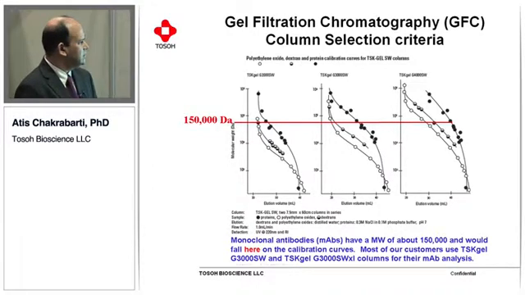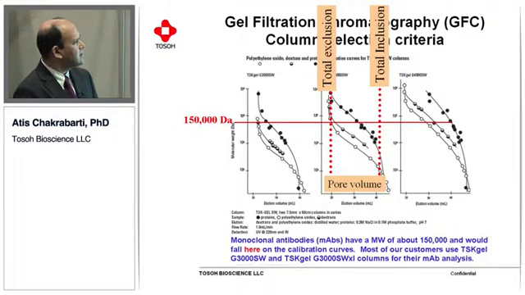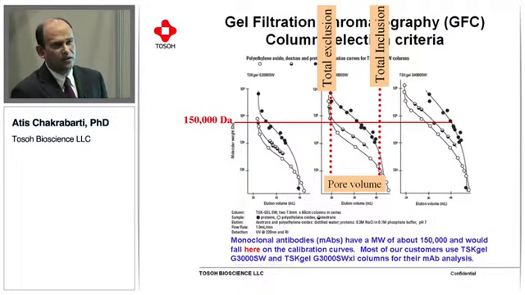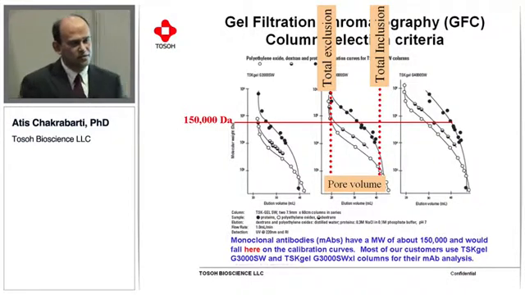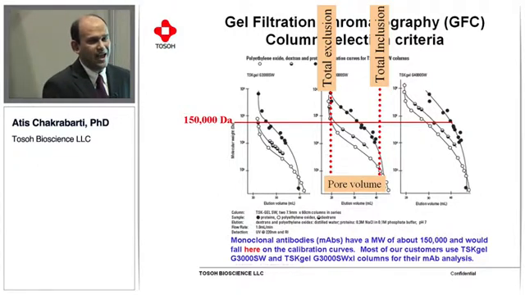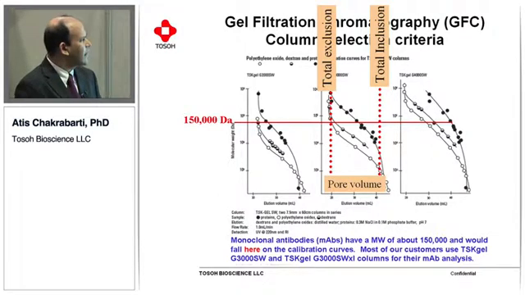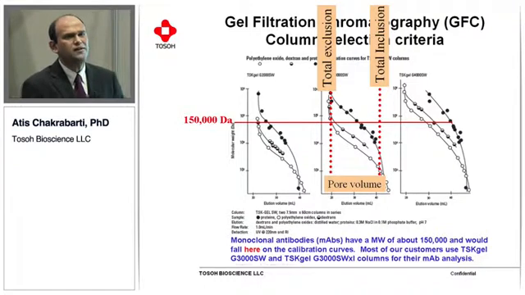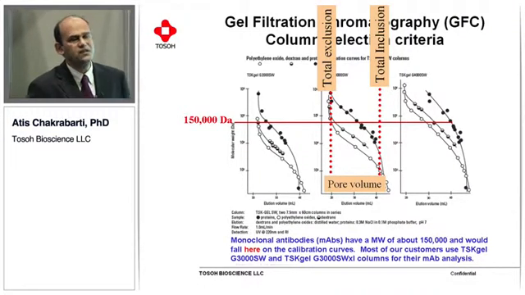If you look at the middle panel, which is the G3000SW column, and focus on this particular dot, which represents 150 kilodalton molecular weight, the molecular weight in general for the monoclonal antibody, that is exactly in the plateau between the total exclusion and total inclusion.